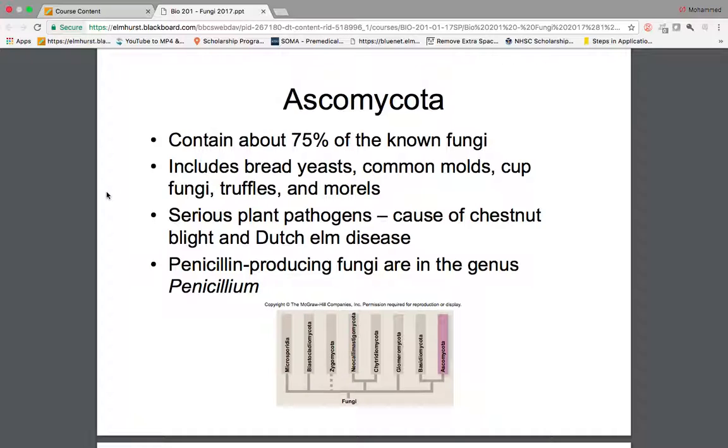Eastern forests in the United States were chestnut forests. And now when you go and look at those forests, what do you see? Oaks, maples, those are the main trees in the forest. Chestnuts were the main tree, 90% of the trees.